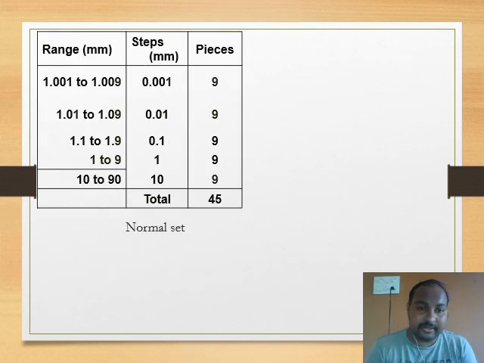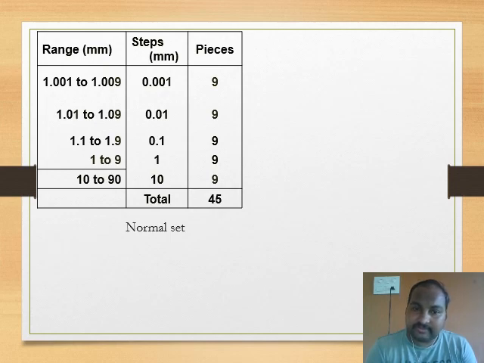Similarly for the M45, we can see here 1.001 to 1.009, total slip gauge pieces are 9 in steps of 0.001; 1.01 to 1.09 in steps of 0.01, it is 9; 1.1 to 1.9 in steps of 0.1, it is 9; 1 to 9 in steps of 1, it is 9; 10 to 90 in steps of 10, meaning 10, 20, 30, like that till 90, total 9.